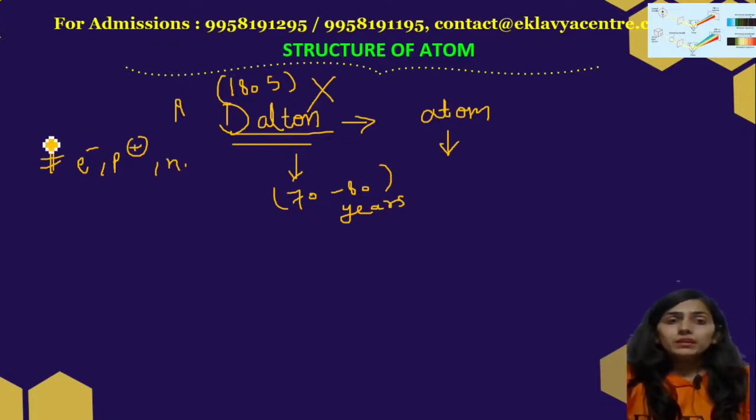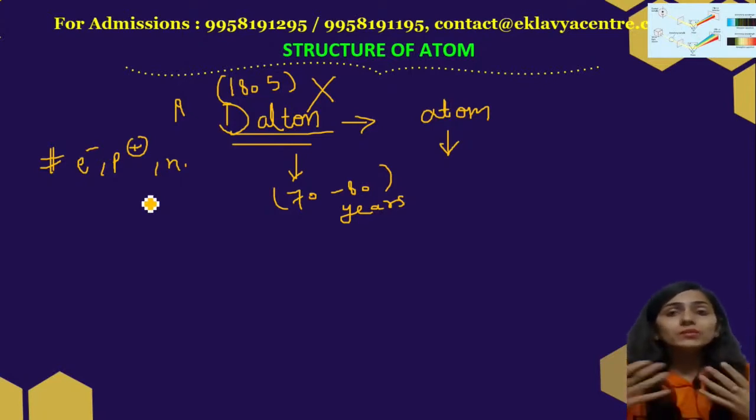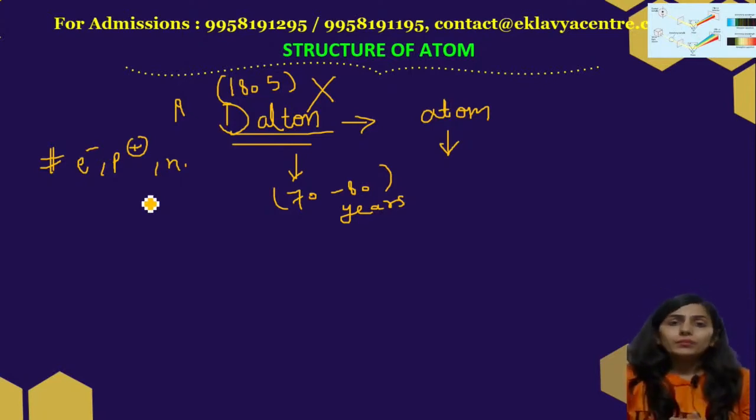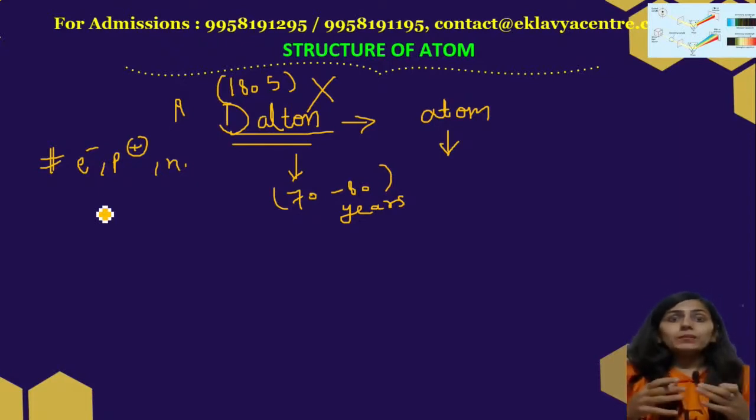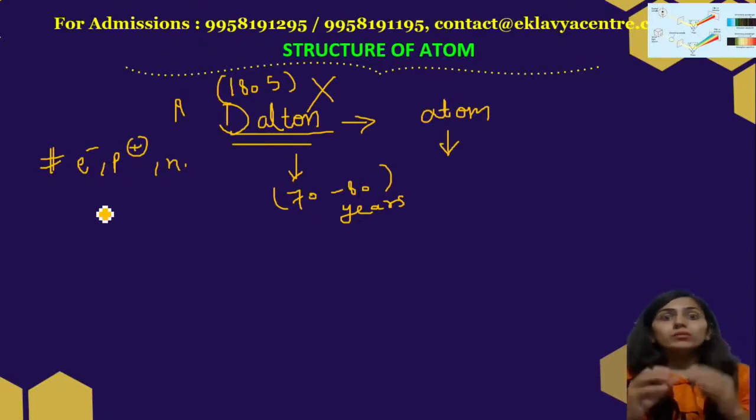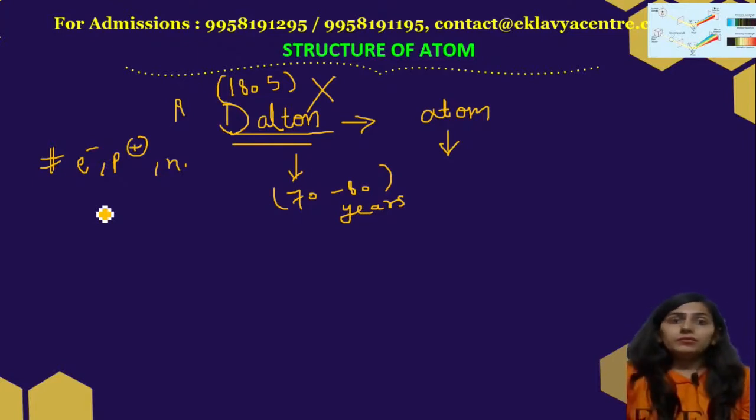Right, beta? Next is, because before that we didn't know anything about atom, right? Dalton told us that the atomic masses of different elements are different.